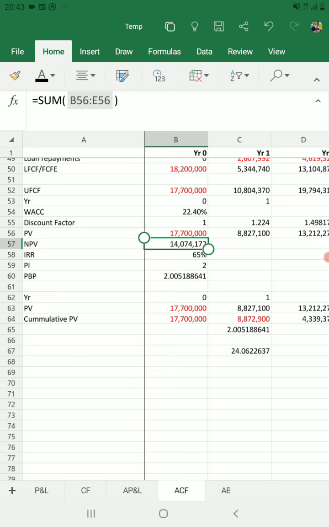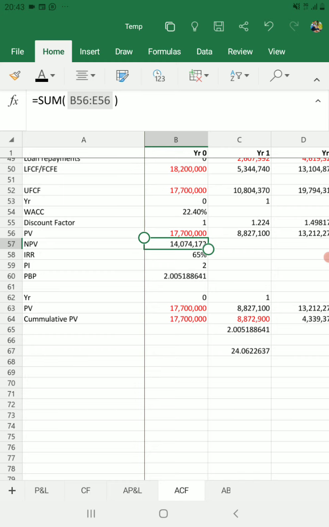If you discount your future cash flow and bring it now, then that money which is now can be invested with your cost of capital to determine that future cash flow.